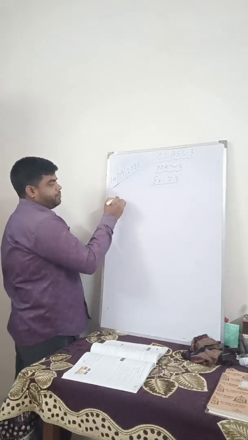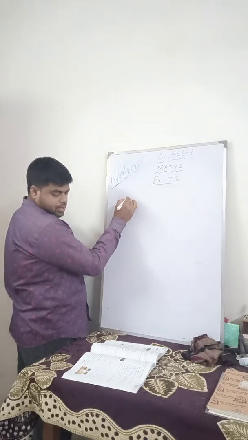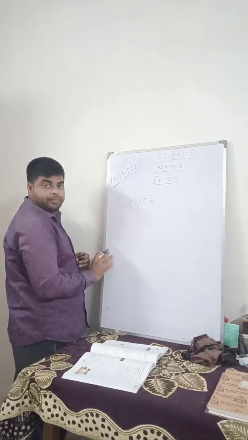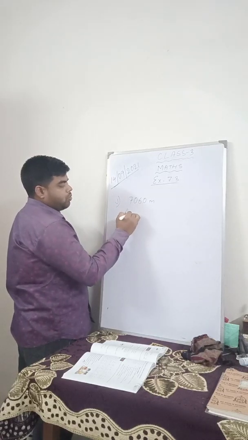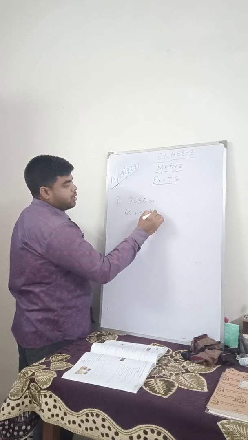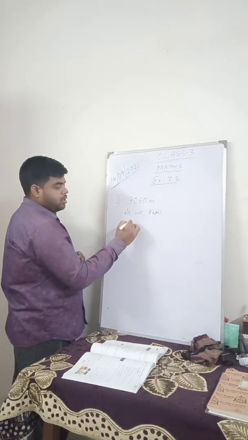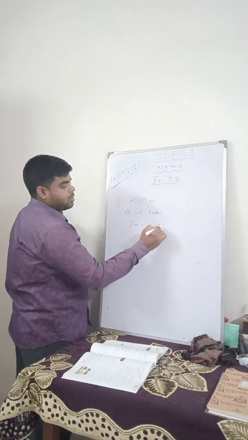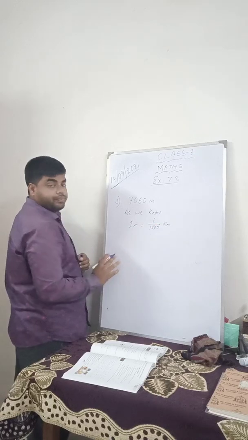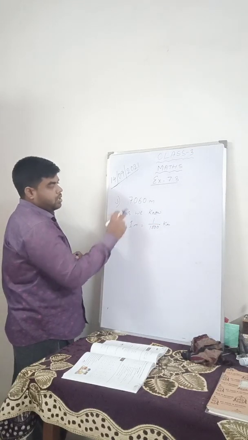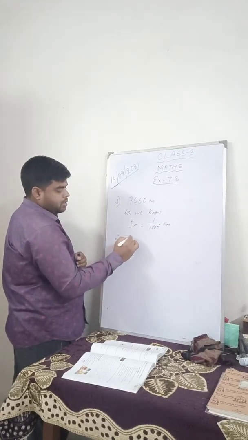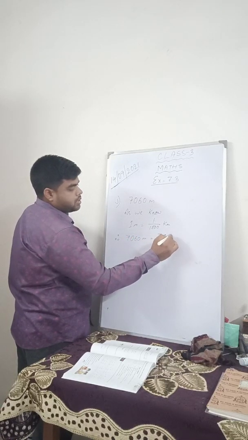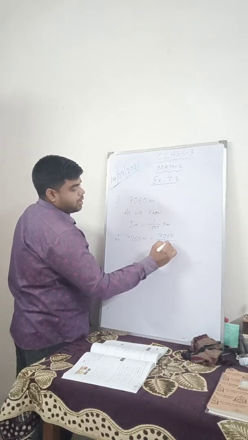Number J. 7060 meter. As we know what they have given in meter. So 1 meter is equal to 1 by 1000 kilometer. Therefore 7060 meter is equal to 7060 divided by 1000.